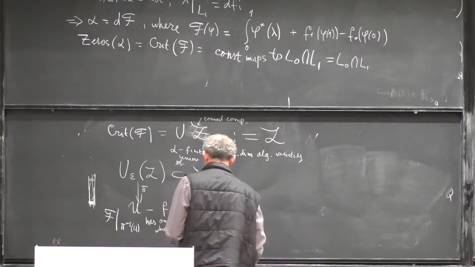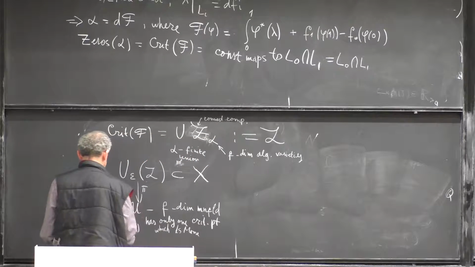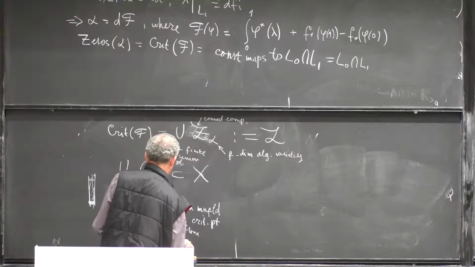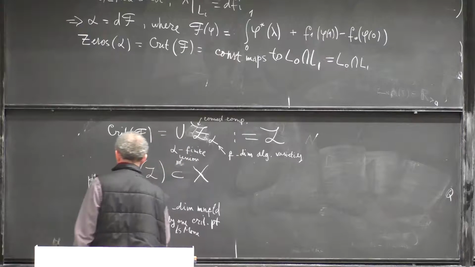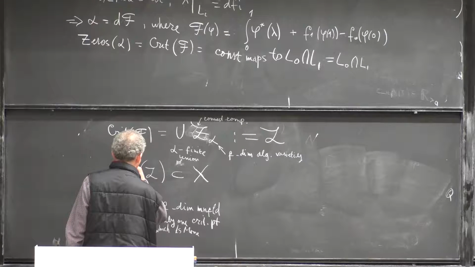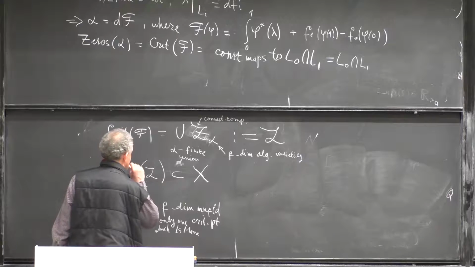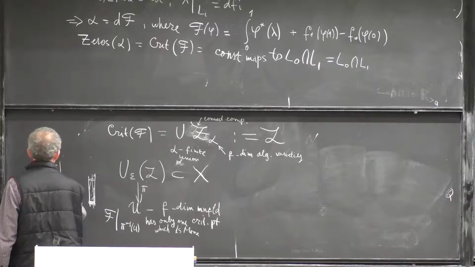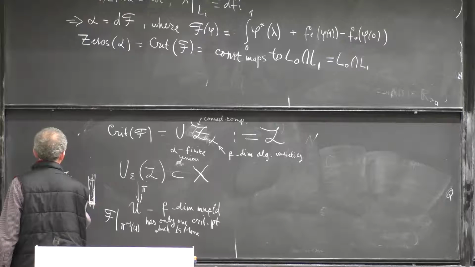So there's only one critical point. How to say it? Suppose I restrict F to a connected component.